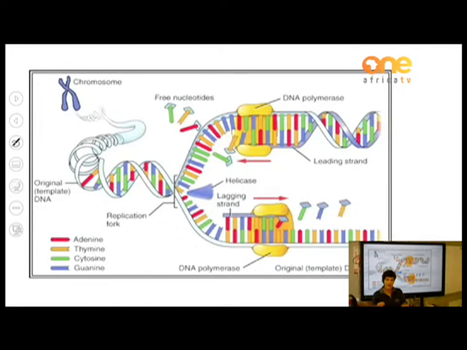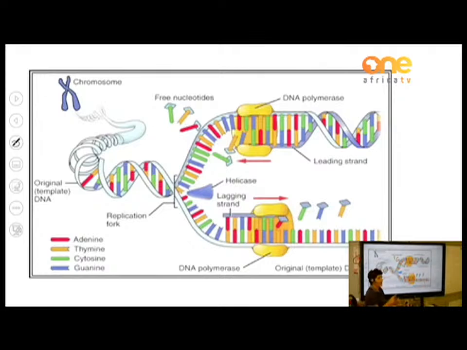From zygote to embryo, I need an increase in the amount of cells. Mitosis, when I need to replace worn out cells, or when I'm cut and I need to heal, there need to be exactly the same cells. So that is when I need an identical copy.